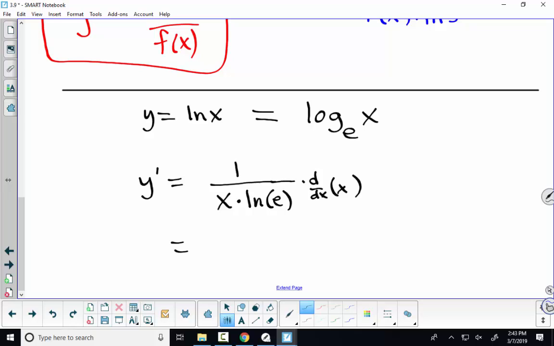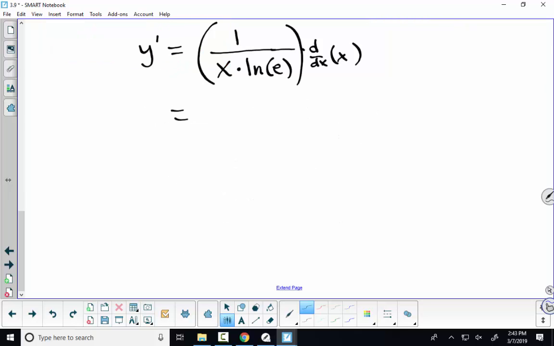So is that the same as the derivative of the natural log? So it's all of this times this. Yeah, because ln of e is 1, and the derivative of x is 1. So this is 1 over x times 1 times 1, which is 1 over x. So although it seems like we have 4 different derivative rules, really it's just those 2.